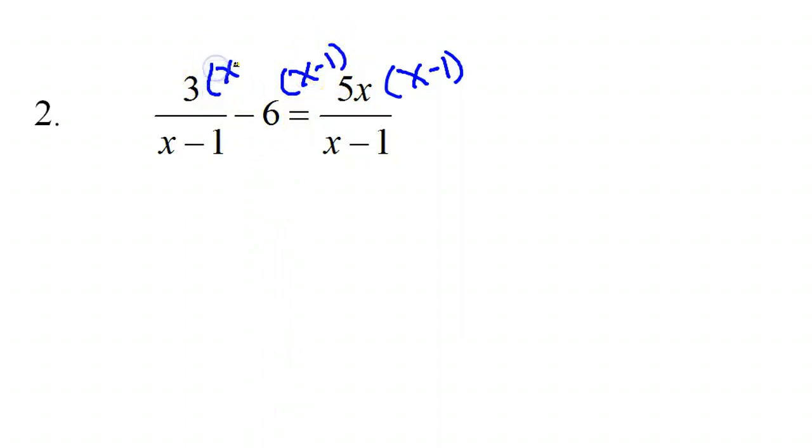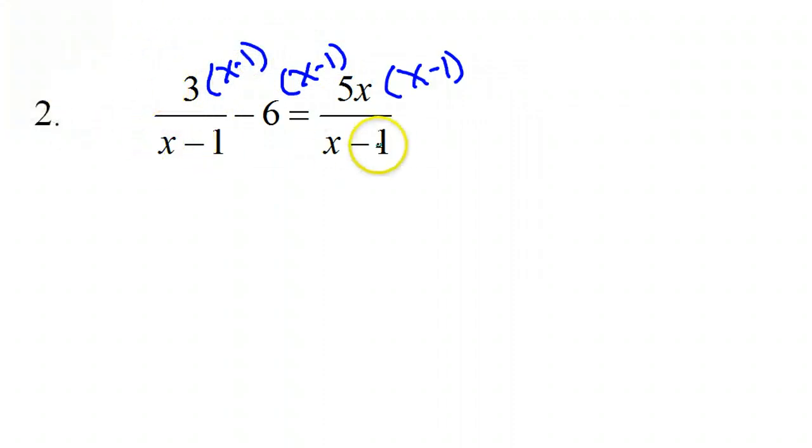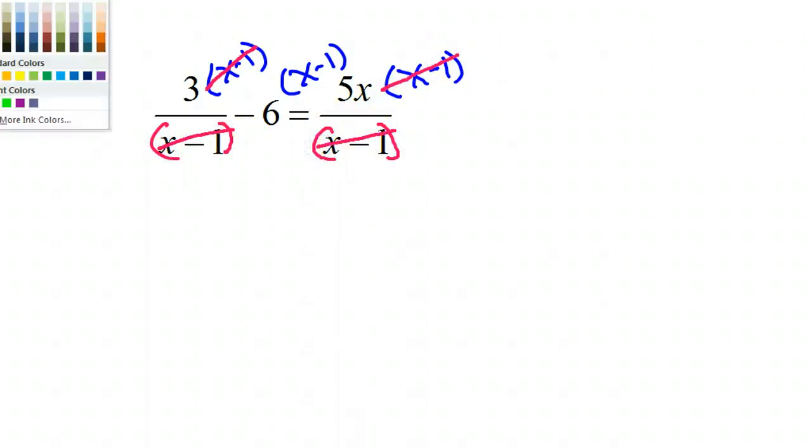So all three positions. Okay, so with that in mind, all of the denominators should cancel out because this x minus 1 in the numerator cancels out that denominator. All right, this x minus 1 cancels out this x minus 1.